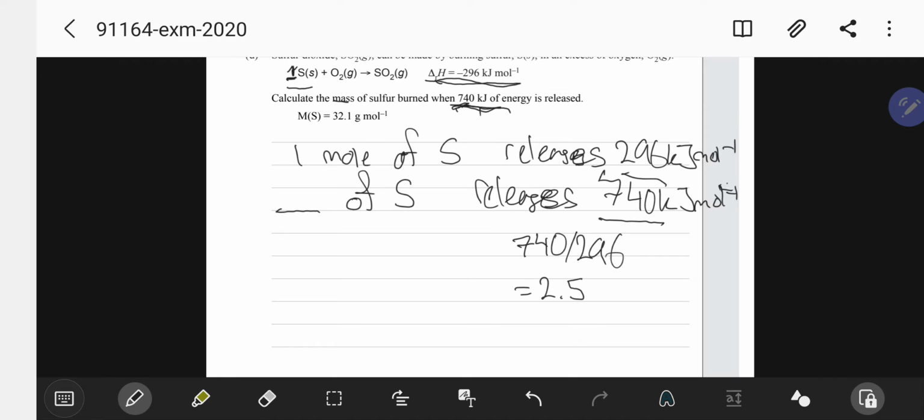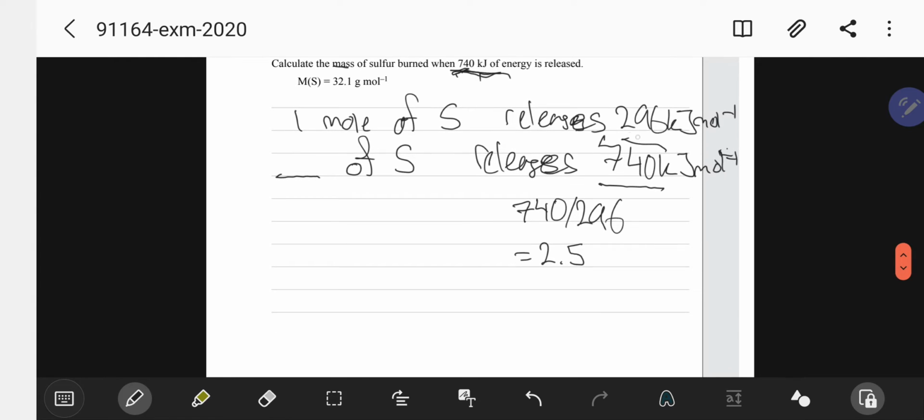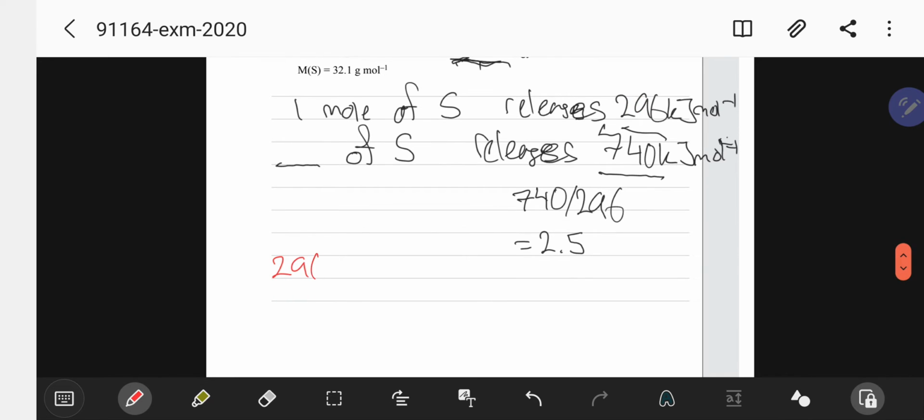Now we can use this number to go back from 296, the energy they gave us for 1 mole. If we multiply 296 by 2.5, we go back to the 740. So this energy times 2.5 gives us this.